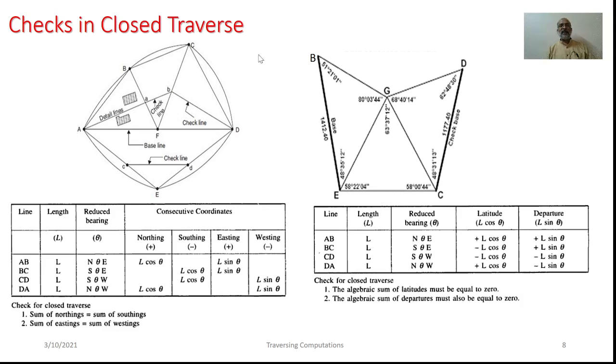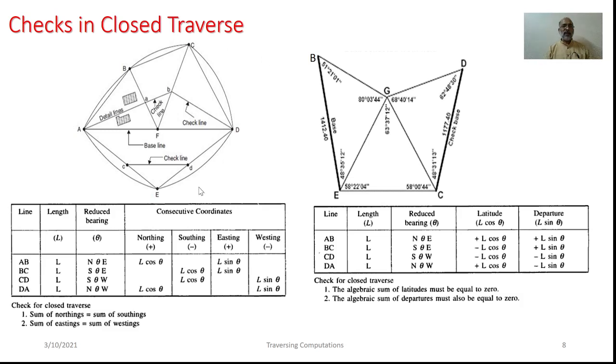The other terminology that we discussed is the link traverse. That is, we start from some known station B, and we follow various survey lines as BE, EC, CD. Here again, station D is known, its coordinates are known. As such, this is treated as a link traverse.